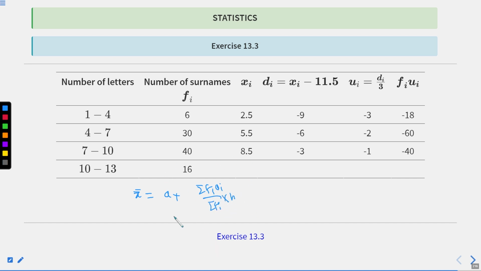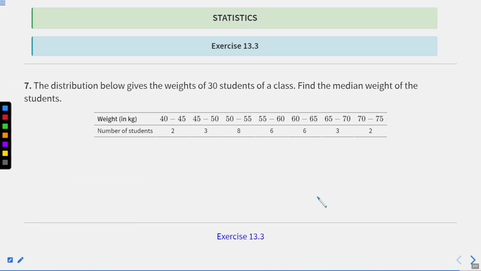If we substitute the values of summation fi ui, summation fi, h and A, then you will get the mean of the given data. Okay, now let us move to the next problem.